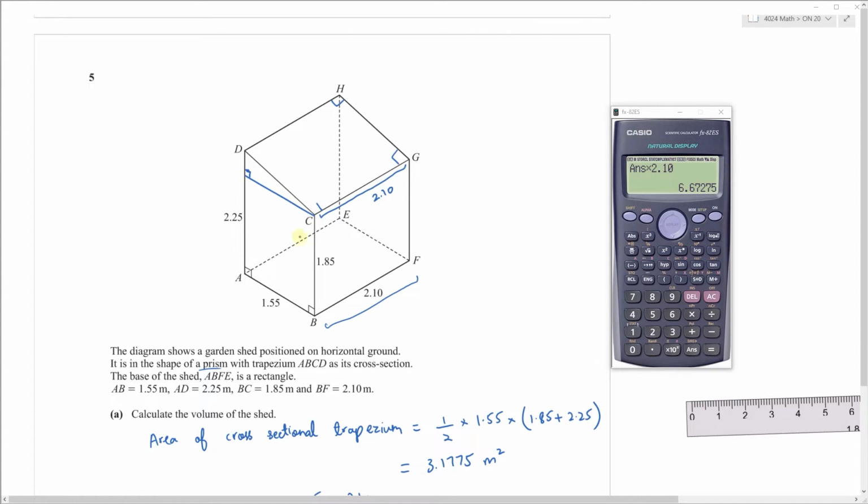If I draw this straight line here, I know that this length here is the same as this length, 1.85. So I can easily calculate this length. This will be this full length, which is 2.25 minus 1.85. So 2.25 minus 1.85. So this length here is 0.4.